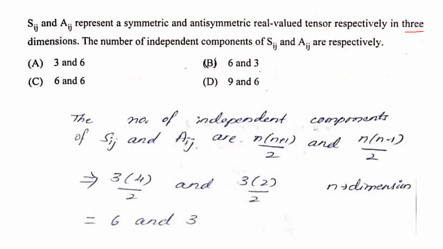Then the number of independent components of Sij and Aij are n into n plus 1 by 2 and n into n minus 1 by 2, where n is a dimension. Here n is 3, 3 into 4 by 2 and 3 into 2 by 2. Therefore, answer is 6 and 3.